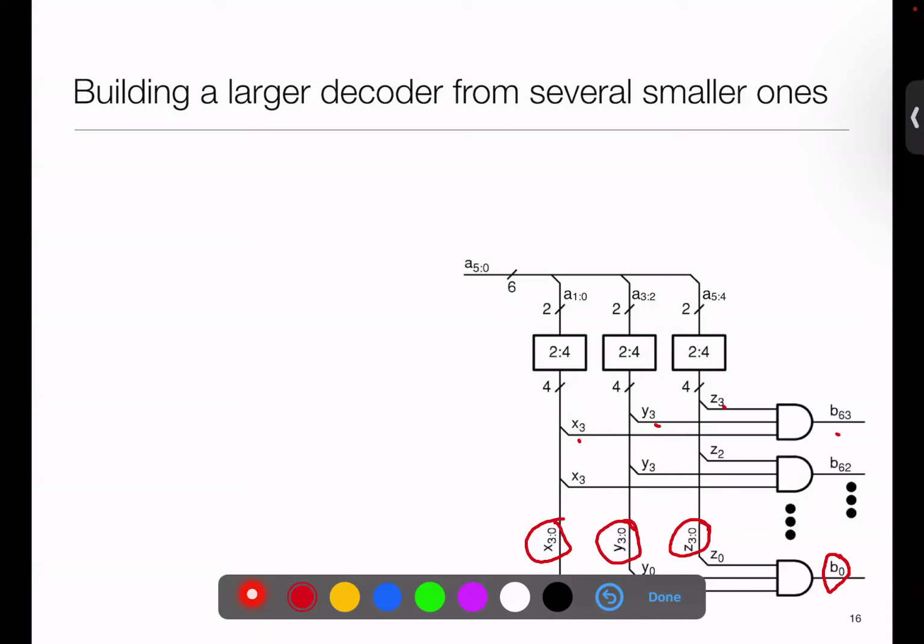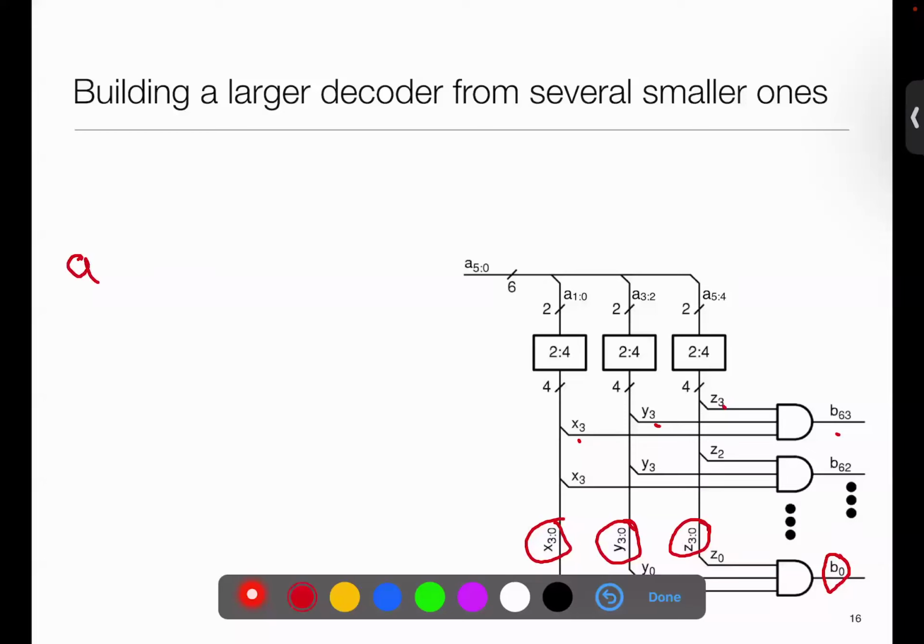So for example, let's say magically I had 3 to 8 decoders. Then I could have implemented the 6 to 64 decoder by taking my A, chopping it up into 2 groups of 3 bits, and feeding them into 3 to 8 decoders. Then I will get, let's say, 8 x's and 8 y's, right? So I could have done something like this, right?